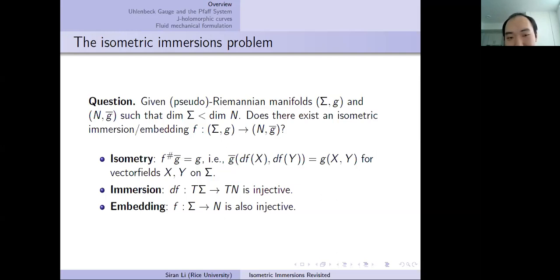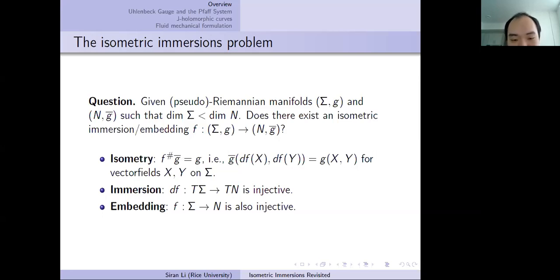Of course, for isometric immersions, we can ask various other problems like stability or uniqueness. But here in this general formulation, let me first emphasize the existence aspect. By an isometry, it means that the embedding or the immersion pulls back the ambient metric g bar to g.